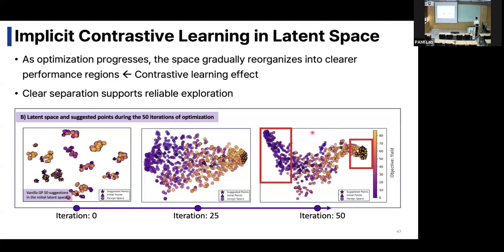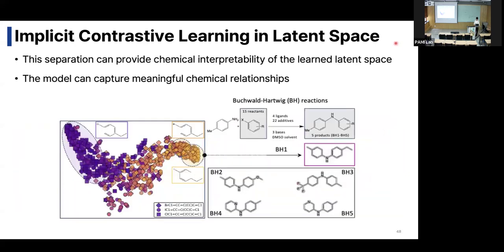In the end, most suggested points are concentrated around the high-performing region, demonstrating that the model has developed a structured and meaningful embedding space. This clear separation in latent space offers interpretability.